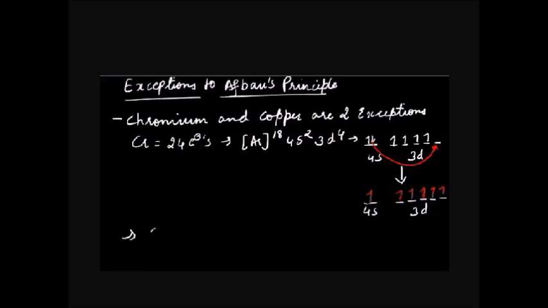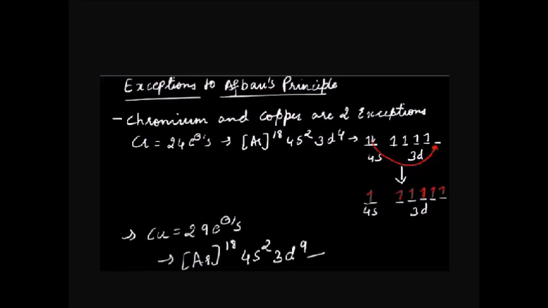The similar is the case with copper, which has 29 electrons. The electronic configuration is written as Ar 18, 4s2 and 3d9. To make it more stable, one electron from 4s2 jumps to 3d.